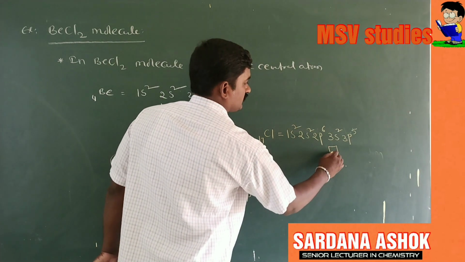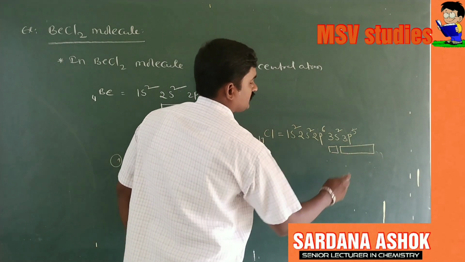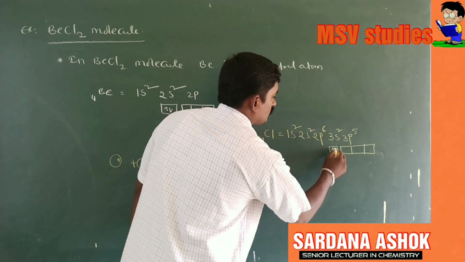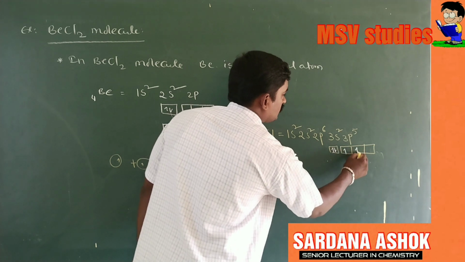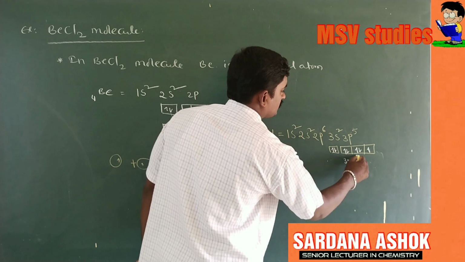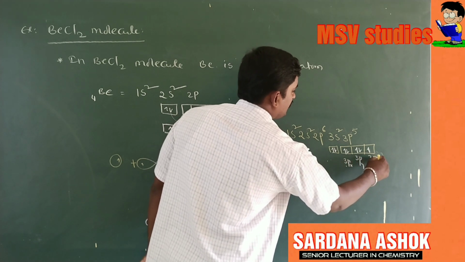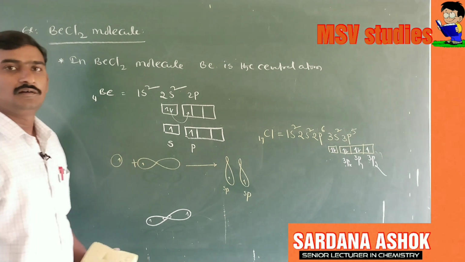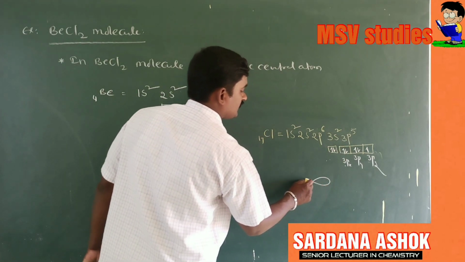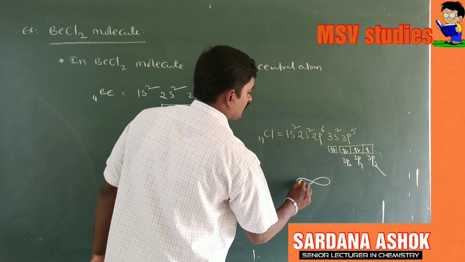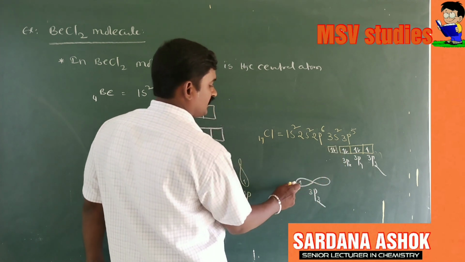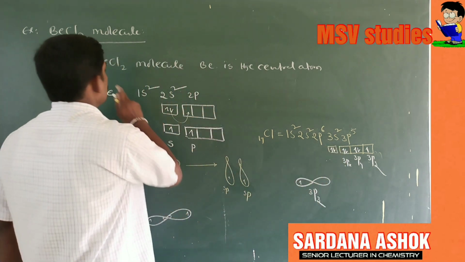Observe the electronic configuration: this is the 3px, 3py, 3pz orbital. The 3pz orbital of chlorine is drawn like this, and it has one unpaired electron.